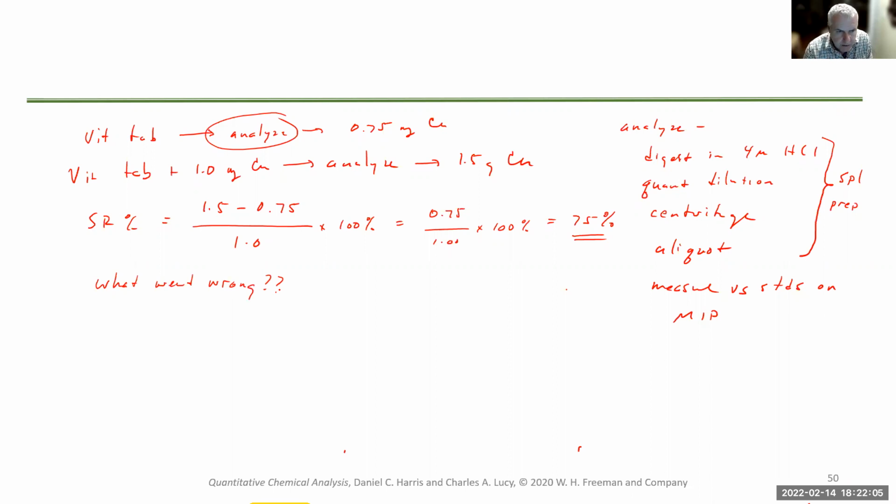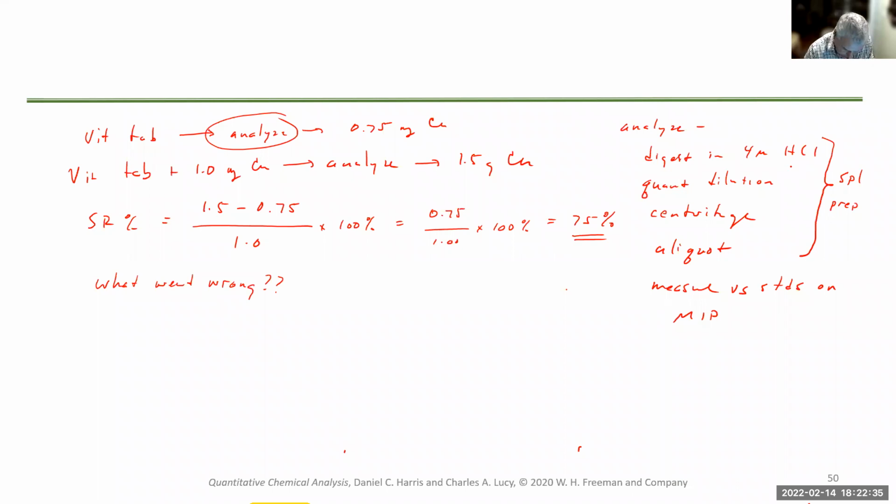It could have been the digestion made a volatile copper product. Seems pretty darn unlikely to me, but who knows? Copper chloride, maybe if it's boiled too hard, you lose a little bit of copper. The centrifugation could have been a problem, right?